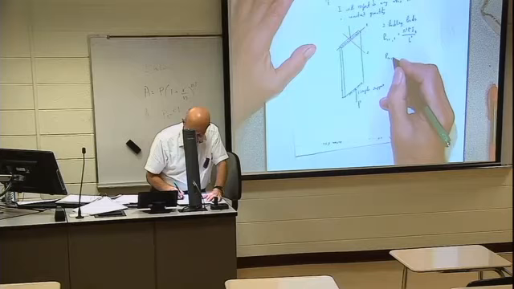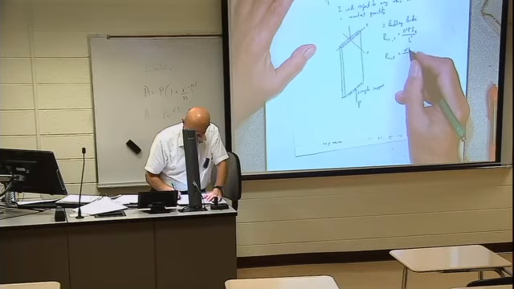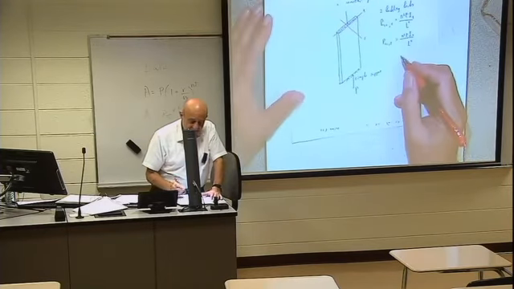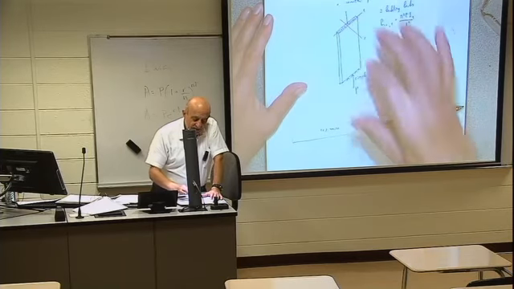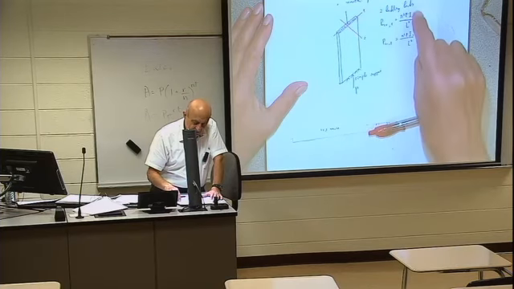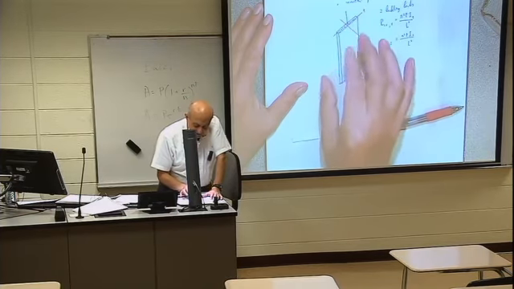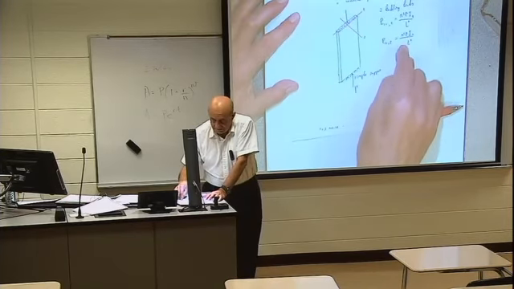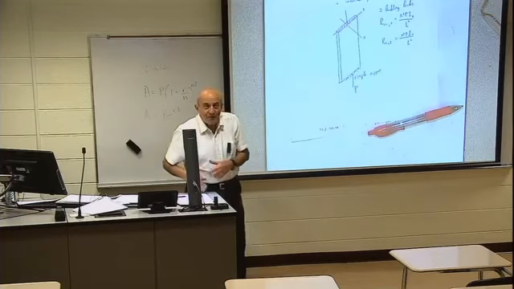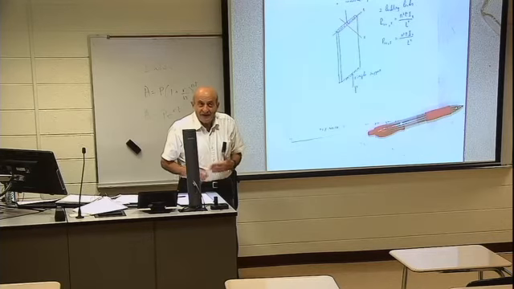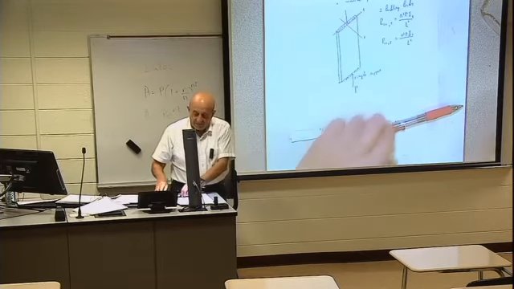Or P critical 2, which equals pi squared E I2 over L squared, and that is axis 2. Which one is smaller? Naturally, pay attention. If we have such kicks, then the system will buckle by this load. If I have such kicks, then the system will buckle by this load. But we are not planning the kicks. Kicks come from the outside environment. So therefore, we should protect the system from any kicks.